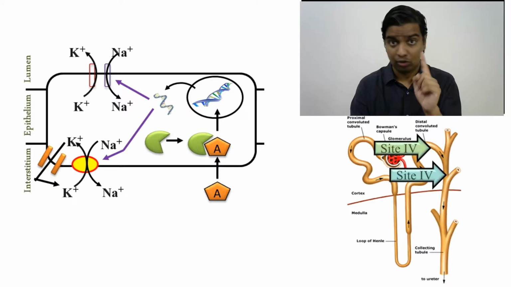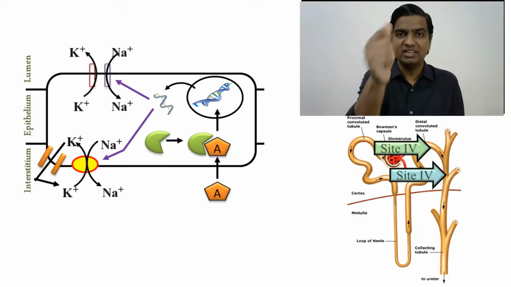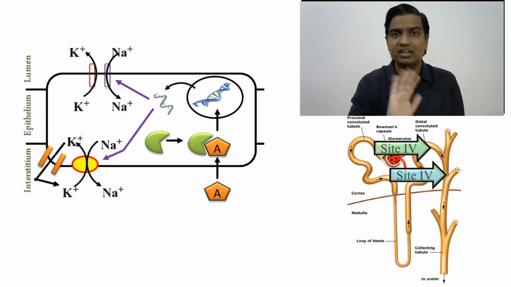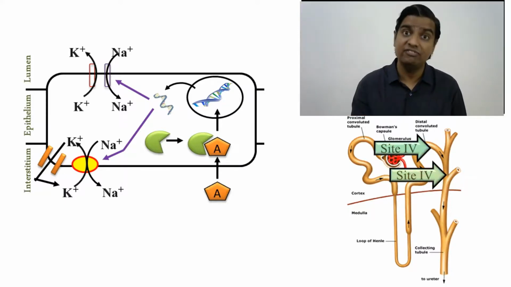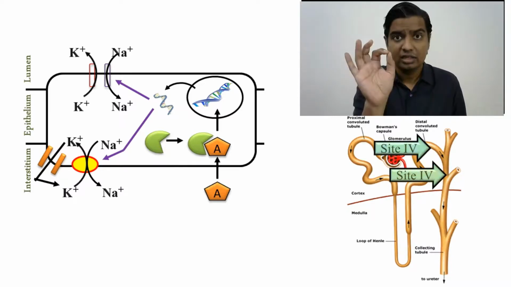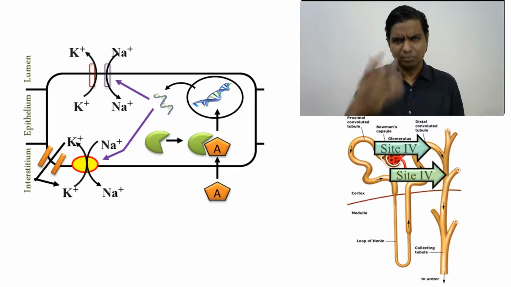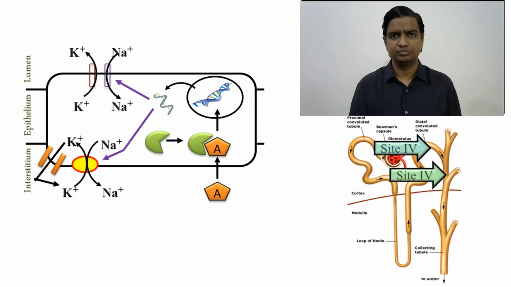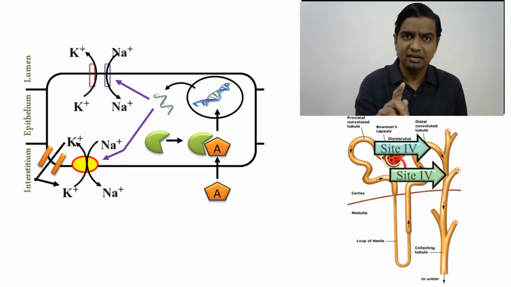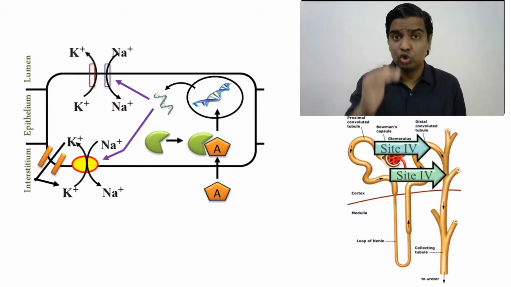Okay. Now understand this. The pump spends ATP. A channel does not spend ATP. A channel allows sodium to come in if the concentration gradient decides. What does it mean? Let me put it in simple words. Sodium in the cell is now at a low concentration.